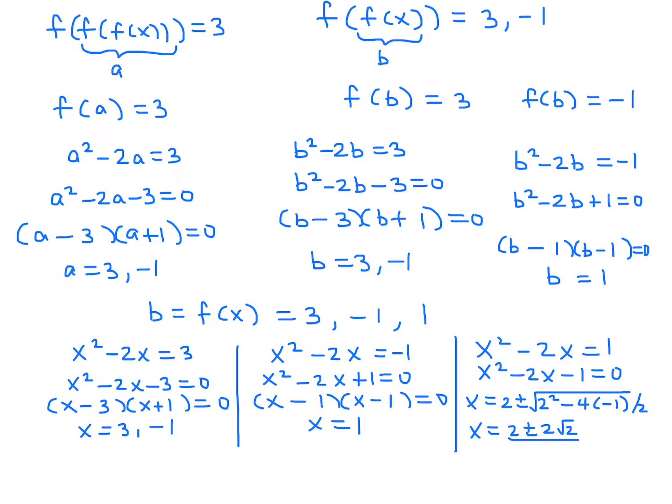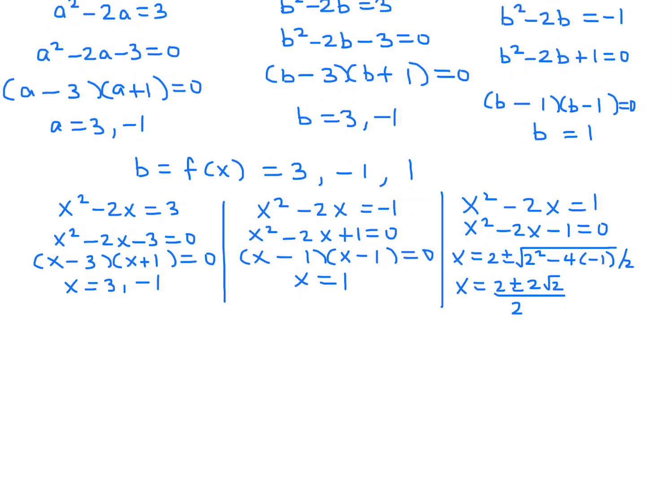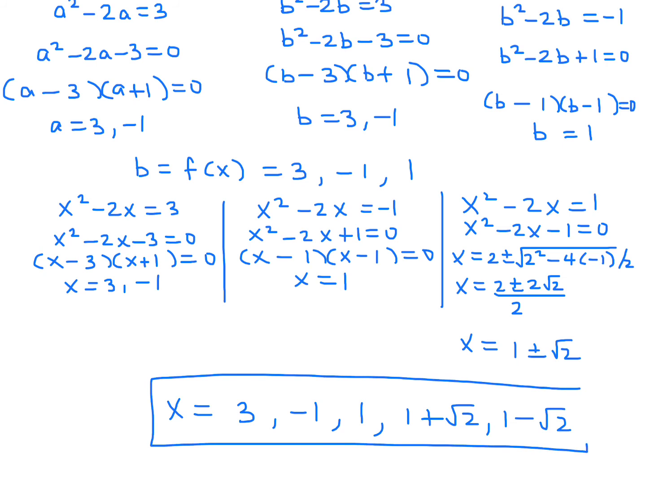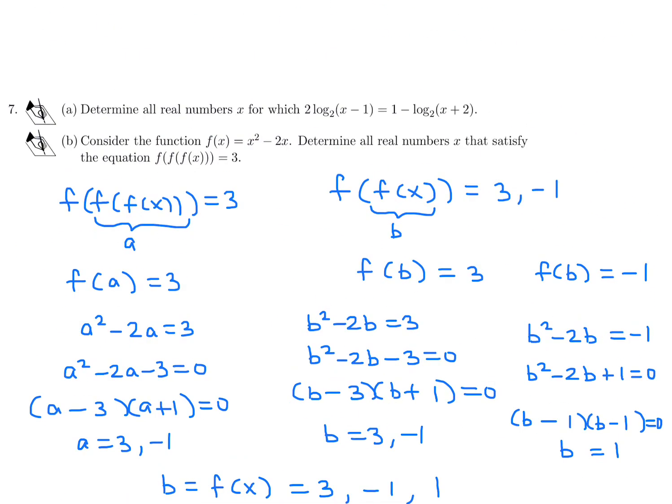And therefore, that gives me values of 1 plus or minus root 2. Okay, so x is either 3, negative 1, 1, 1 plus root 2, or 1 minus root 2. There we go. Those are all the possible values of x that satisfy this equation.